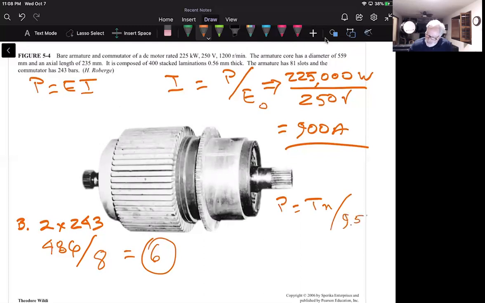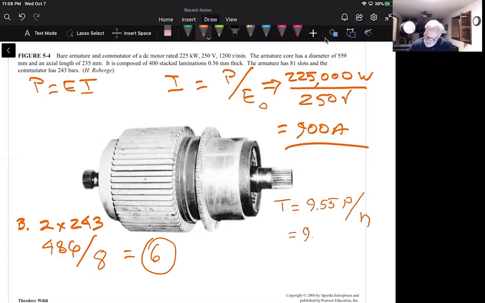What he's done in the second column there on page 100 is take that and solve it for torque, 9.55 times the power divided by the speed.